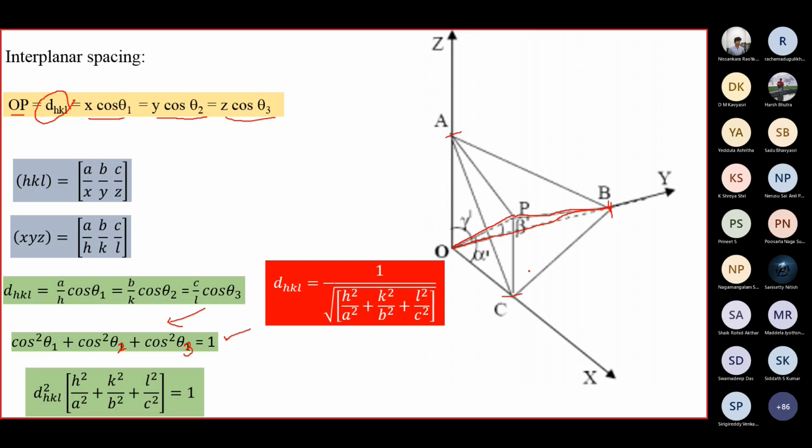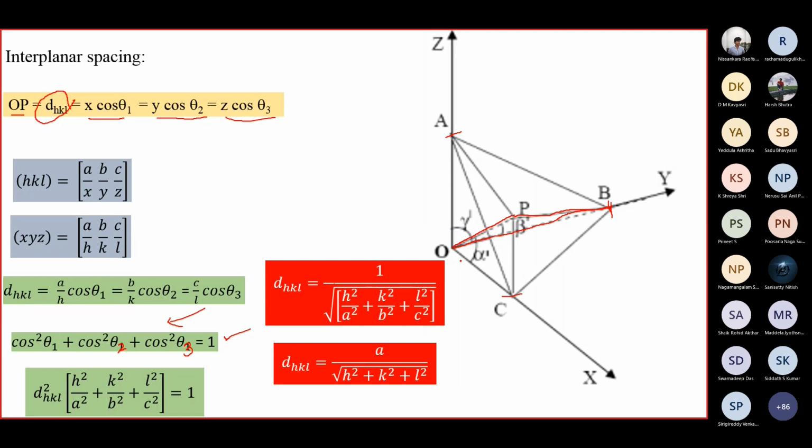But for a simple cubic, what is the condition? The lattice parameters a is equal to b is equal to c. So this turns out to be d hkl is equal to a by under the root h square plus k square plus l square. Do you agree?